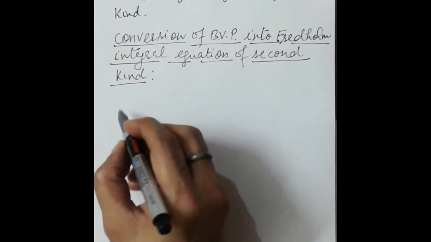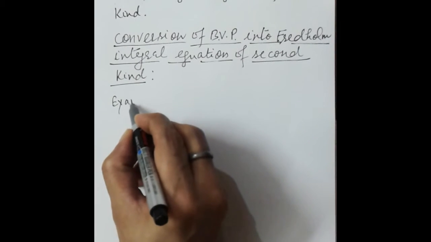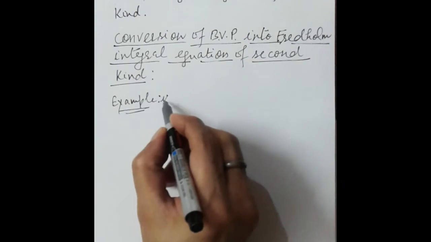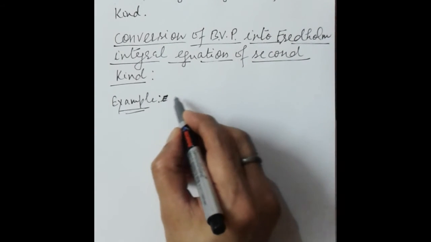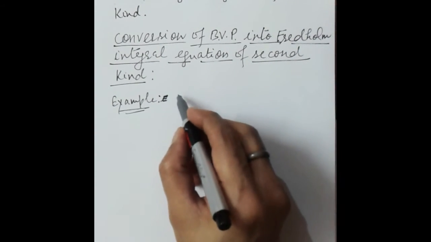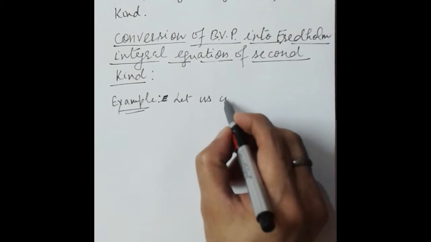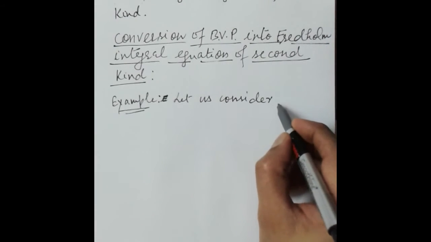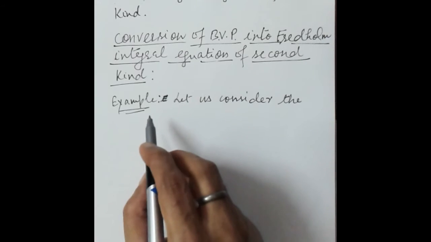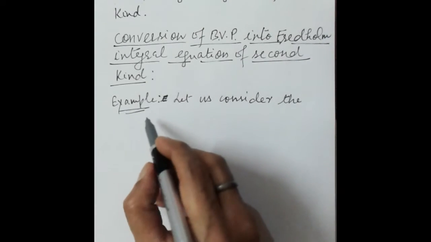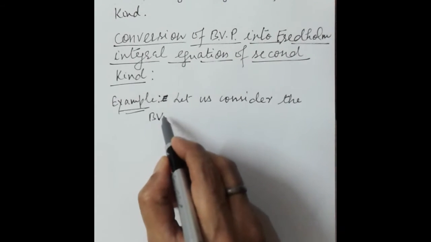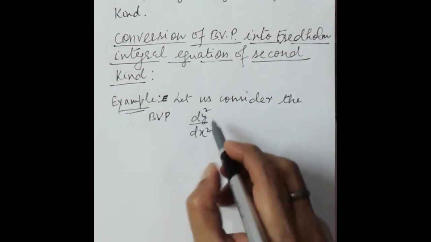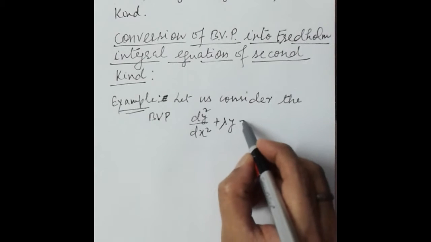The example is: let us consider the boundary value problem d2y by dx2 plus lambda y equal to x.